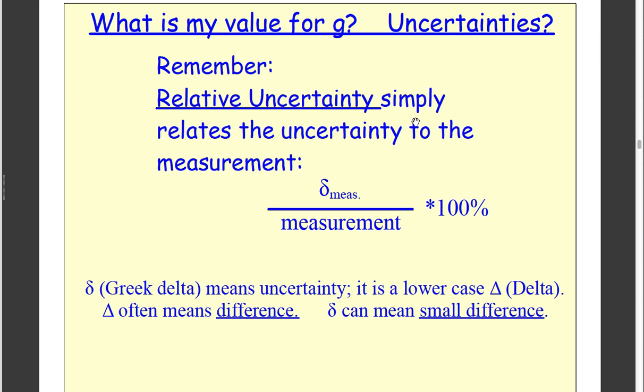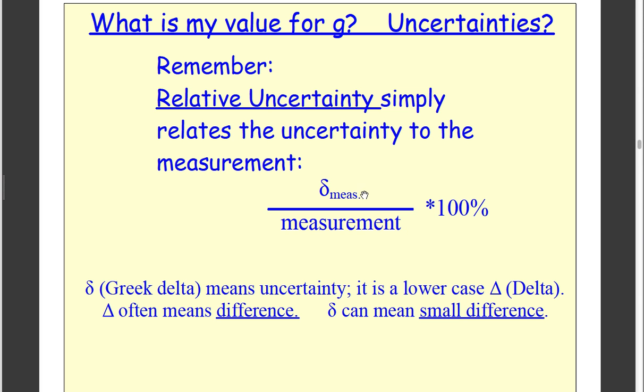Remember what a relative uncertainty is? It simply relates the uncertainty to the measurement. I have some uncertainty in my measurement, and I divide by my measurement, and multiply by 100%. Notice a few things. First of all, if I have an uncertainty in measurement and divide by measurement, my ratio should be dimensionless because I have a unit divided by the same unit.